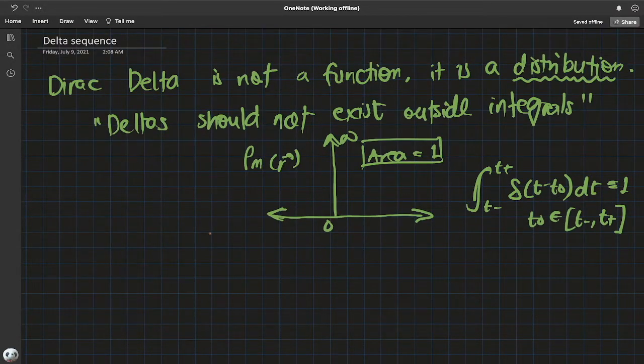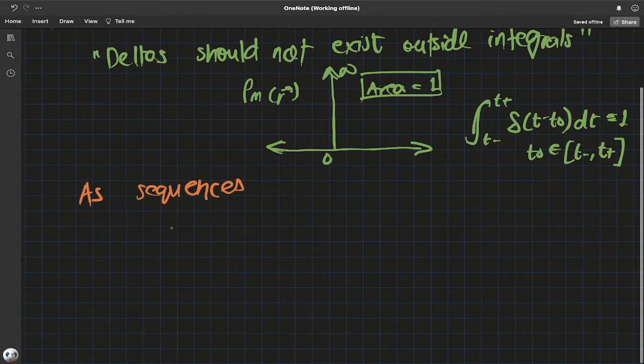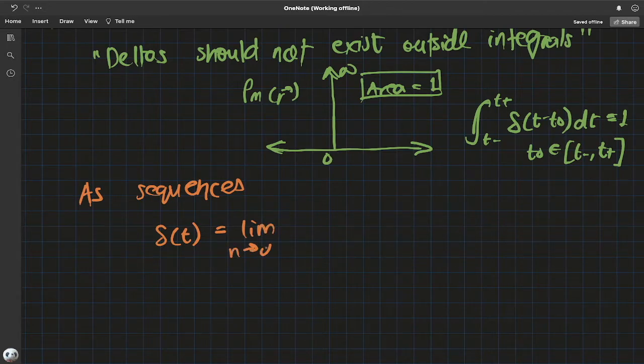So as I said, deltas should not exist outside integrals, but we can express them as delta sequences, which in the limit that some parameter goes to infinity, become the delta function. So something like this: delta of t is the limit as n goes to infinity of delta sub n of t.